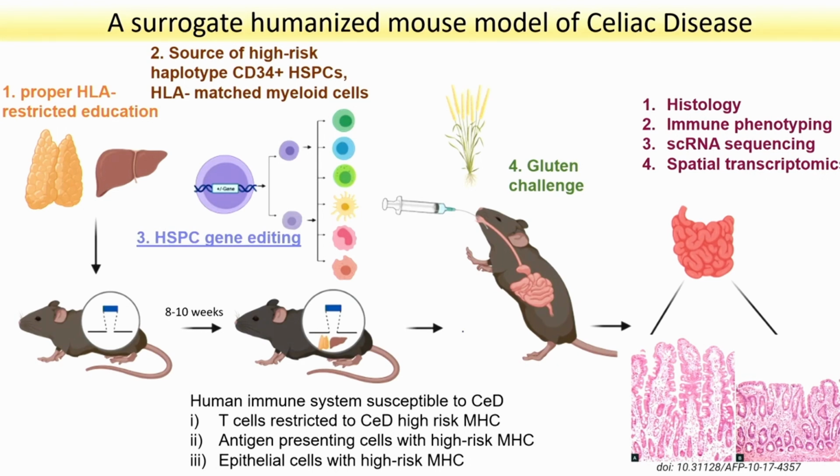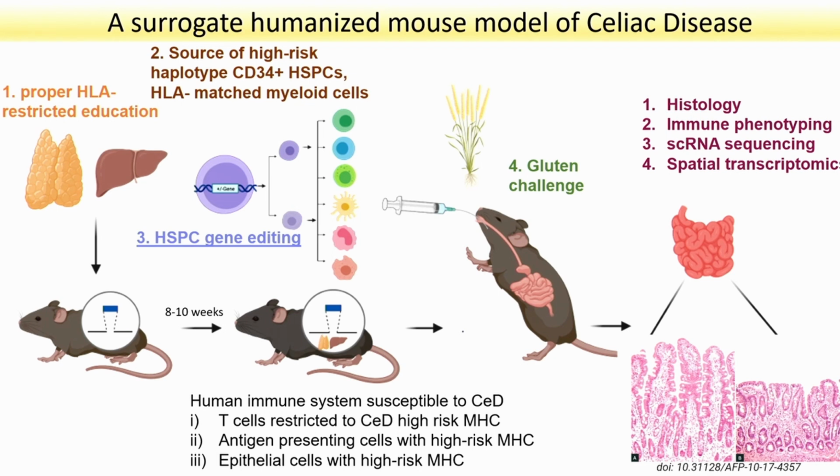We can have a surrogate model of celiac disease in which we put into that mouse tissue from human, which is a thymus, a piece of thymus, and the immune cells from the same individual. That then grows up, those immune cells grow up, that person has exactly the same susceptibility genes for the T cells.